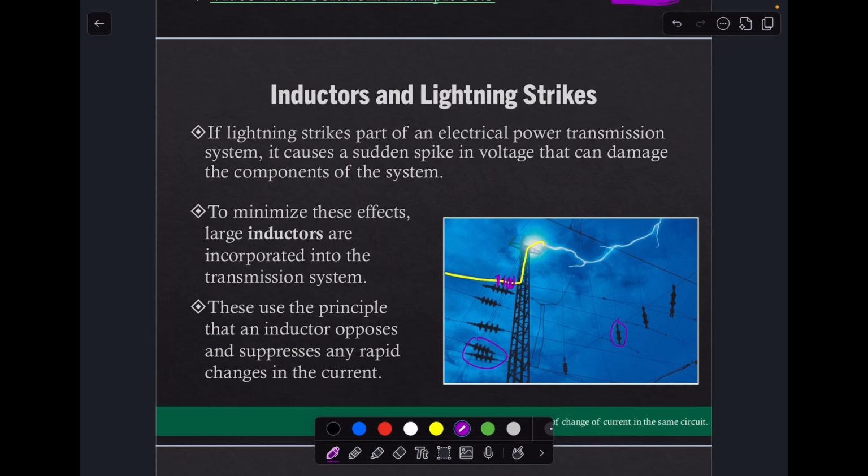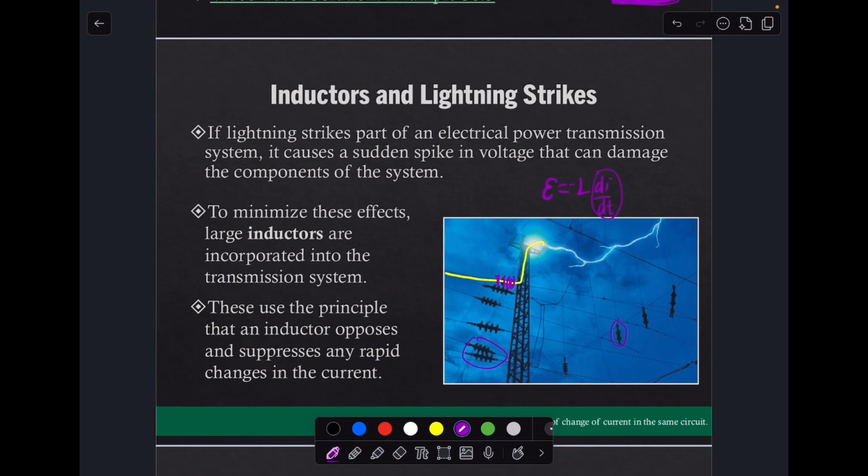And that's because the only time you get a voltage produced in an inductor is when you have a change in current, okay? And the voltage that's produced is going to be in the opposite direction of the change in current. So if the change is increasing, you're going to have a negative voltage. If the change is decreasing, you're going to have a positive voltage, okay?